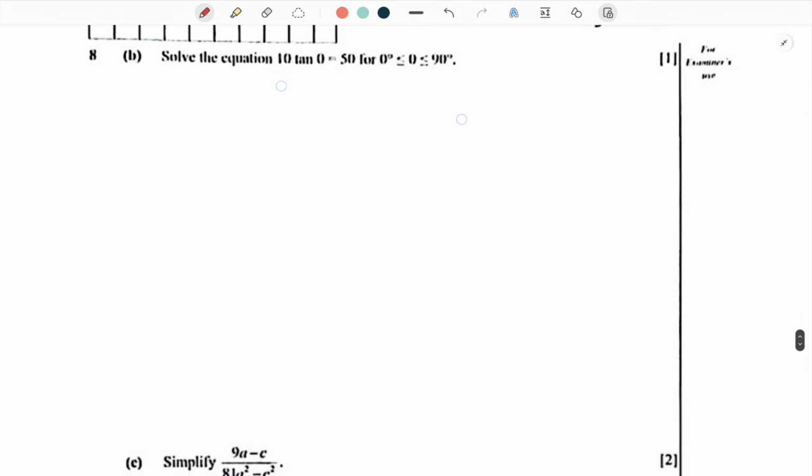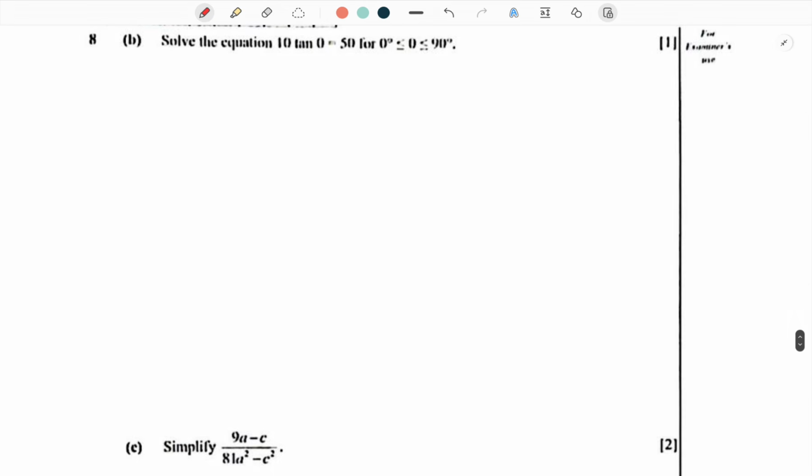So this question was under trigonometry. How do you solve such a question where they say solve the equation? The equation is actually 10 tan theta is equal to 50. So you say over 10 over 10.